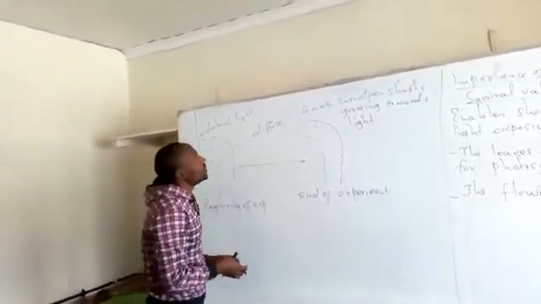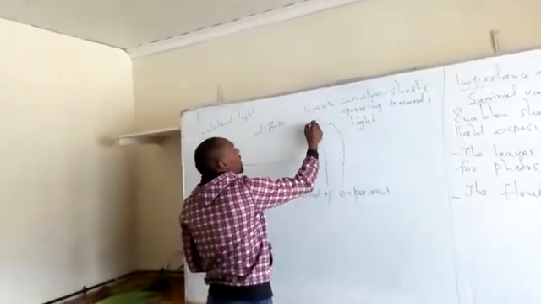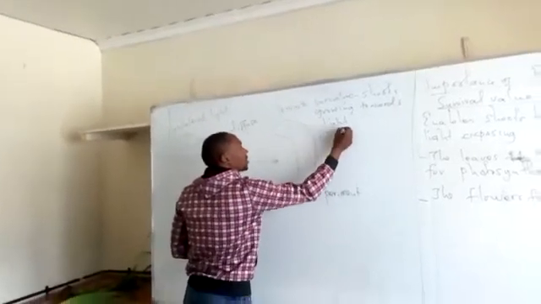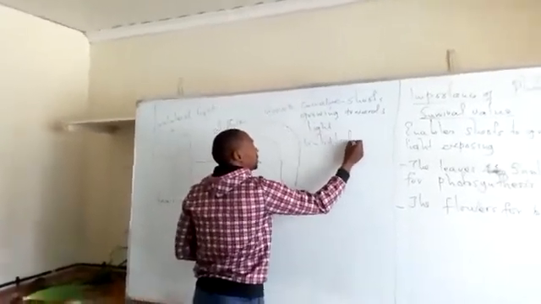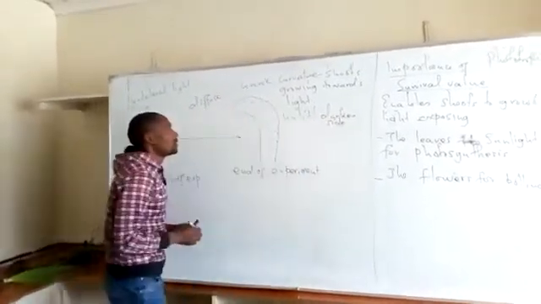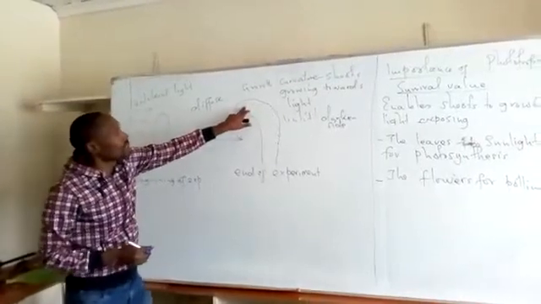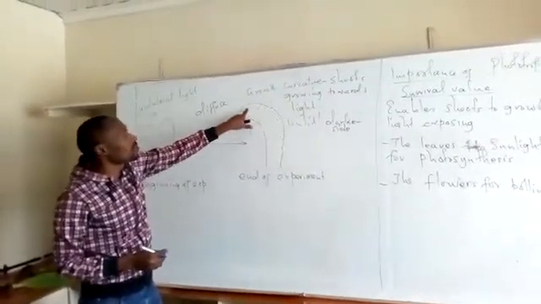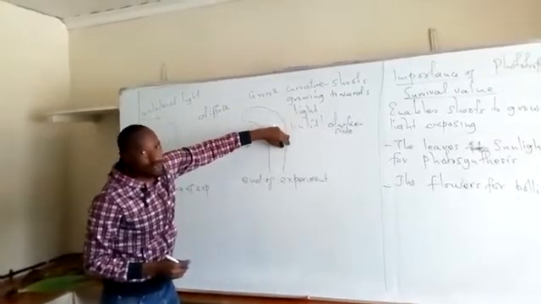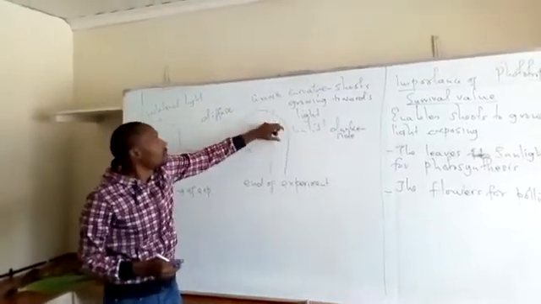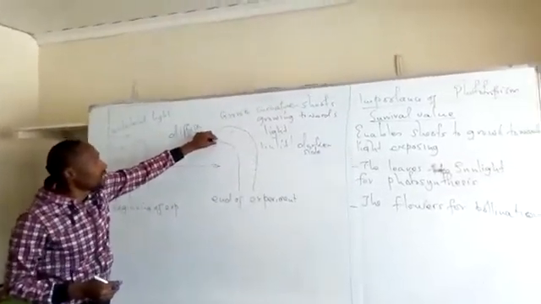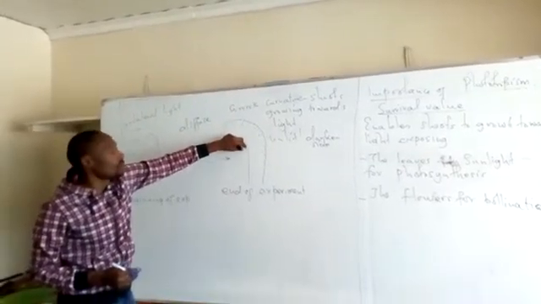So in this case, the auxin concentration will be higher on the unlit part, or the darker side. If the concentration of auxins is higher on this side, then it means that the cells located on this area will elongate faster compared to the cells in areas with low auxin concentration.